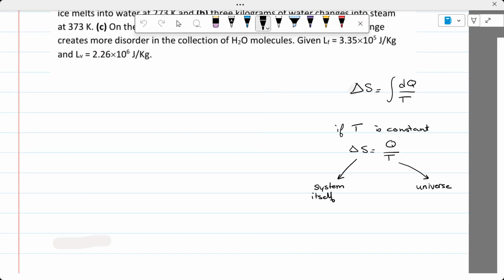When we study delta S of the universe, we would be studying what changed in the system and the surrounding as well. One important remark is that for the system, the entropy change is going to depend, as we said before, like this is a state function. So it depends only on the initial and final states.